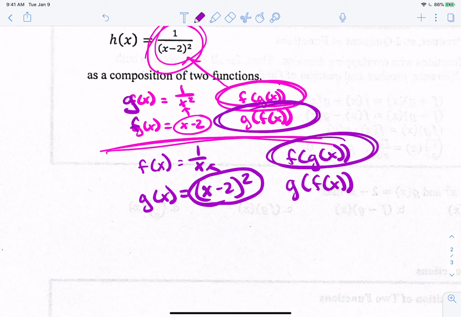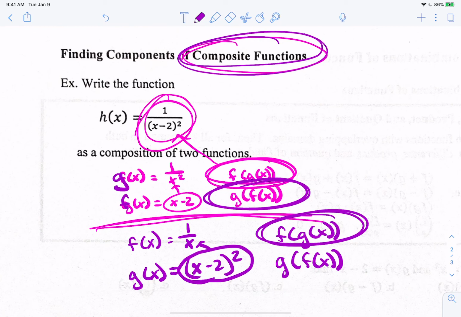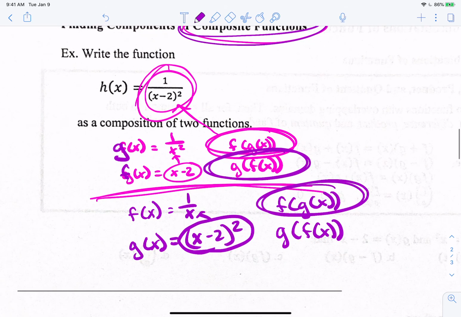So you could have a ton of different answers depending upon what you call each one. So these are defining composite functions, and we do that a lot when we do antiderivatives and derivatives in chapter 6. We'll do a lot of this because you're looking for what functions go inside of one another, and it's kind of cool. Questions about that?